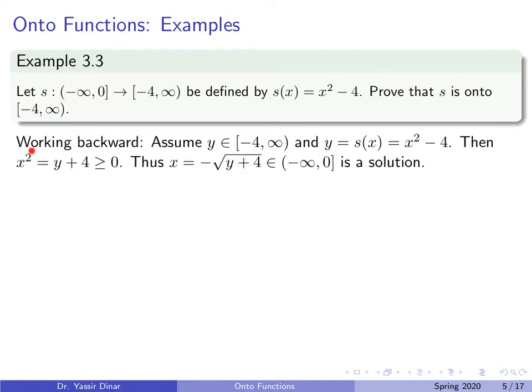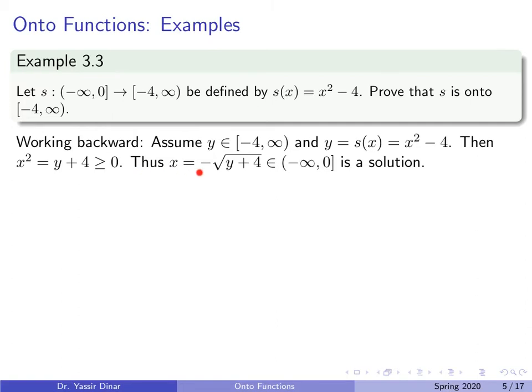So first, working backward, I assume y is in the codomain, so y belongs to the interval from minus 4 to infinity, and I want to find x such that S of x is equal to y. But S of x, by the formula, is x squared minus 4, and that means x squared is equal to y plus 4, and y plus 4 is greater than or equal to 0 because y is greater than or equal to minus 4.